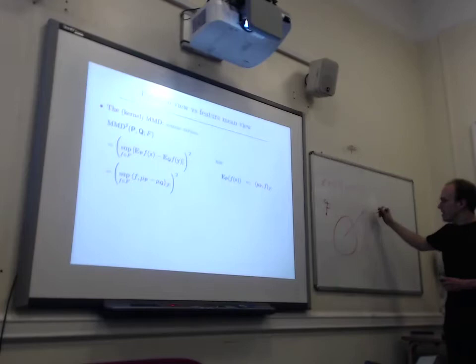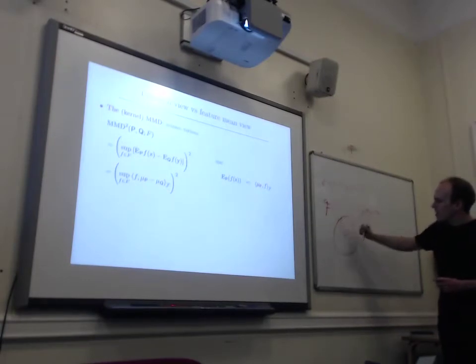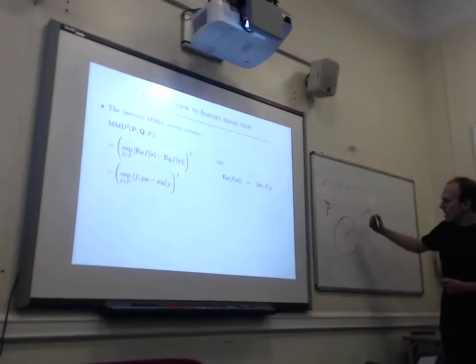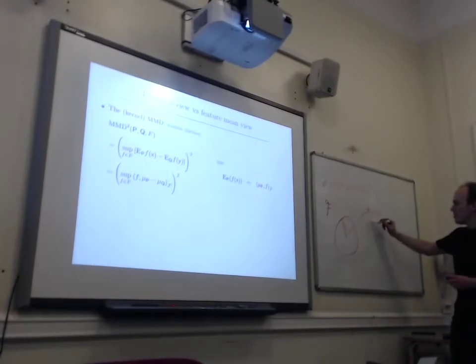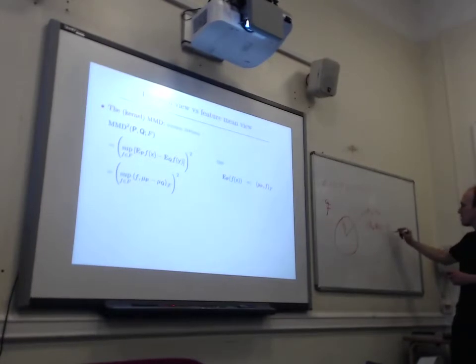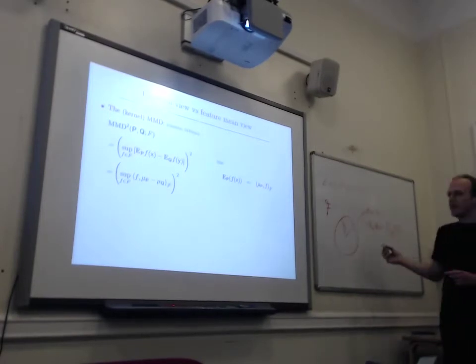This vector here is my mu p minus mu q, okay? And I'm saying that I'm looking for a function with unit norm, so it has to be inside this ball, right? That has the largest possible inner product with the difference in expected feature maps. So this is the expected feature map under P minus the expected feature map under Q. Okay? So that's mu P minus mu Q.